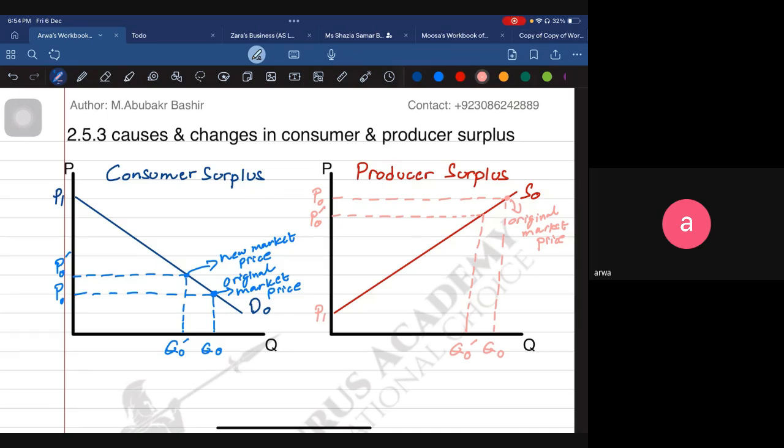Now, if I mark this area as, so if I say that this is showing, how will I say? Okay.